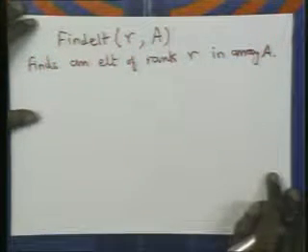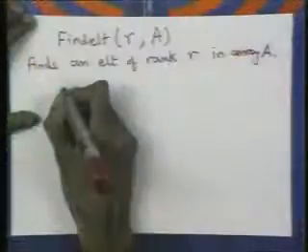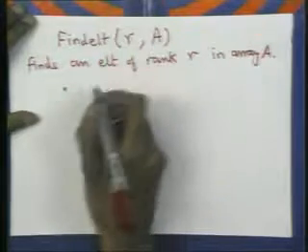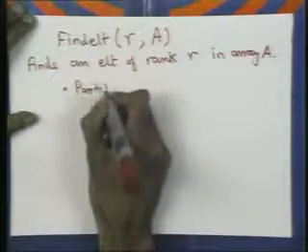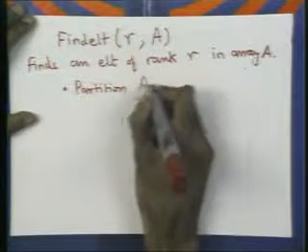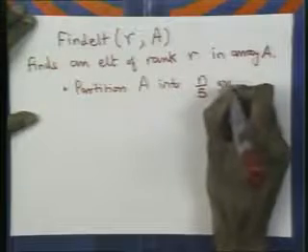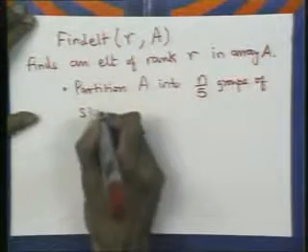Okay, now what do we do? Well, the first thing is to somehow get this approximate median. So for that, the first step is this. Partition array A into n/5 groups of size 5.